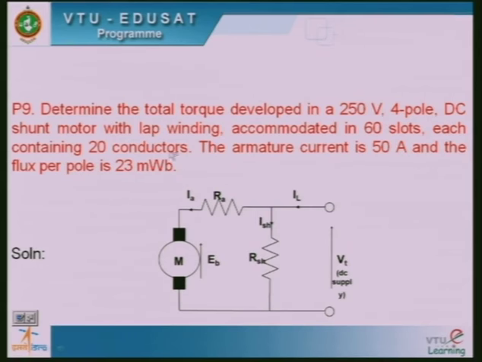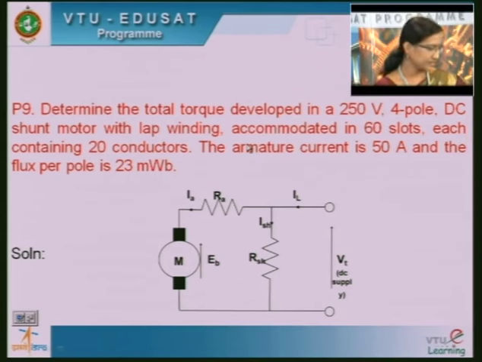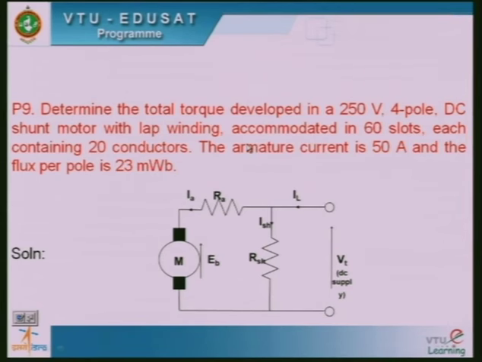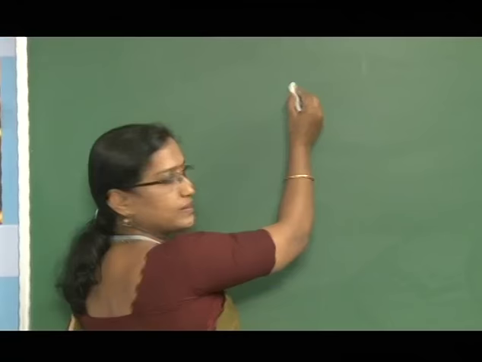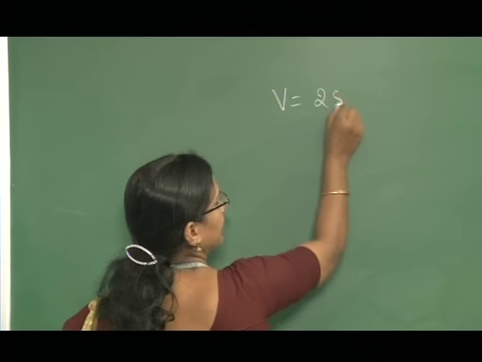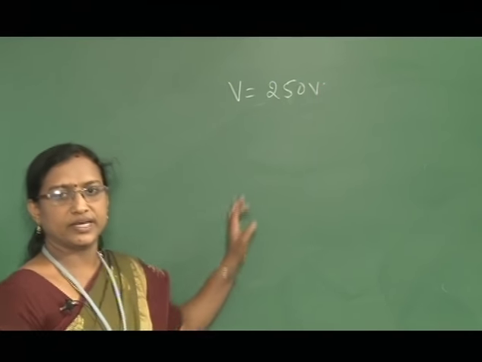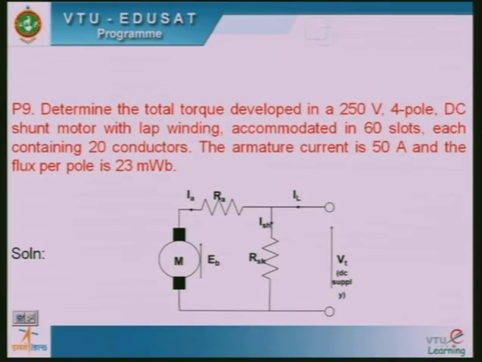Here something is different: to calculate the number of conductors, slots are also mentioned, and then the number of conductors in each slot is mentioned. First you collect the data given properly. Here V is equal to 250 volt, then it is a shunt motor with lap connected.